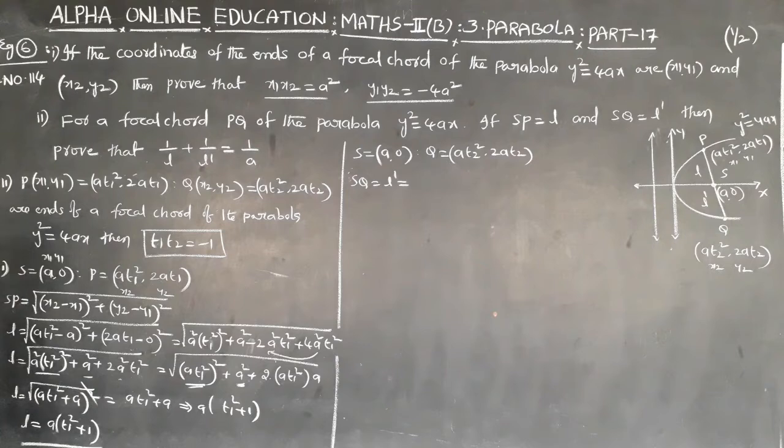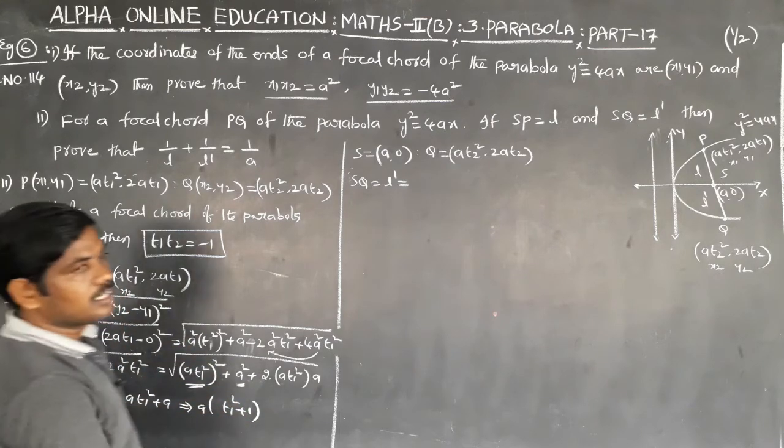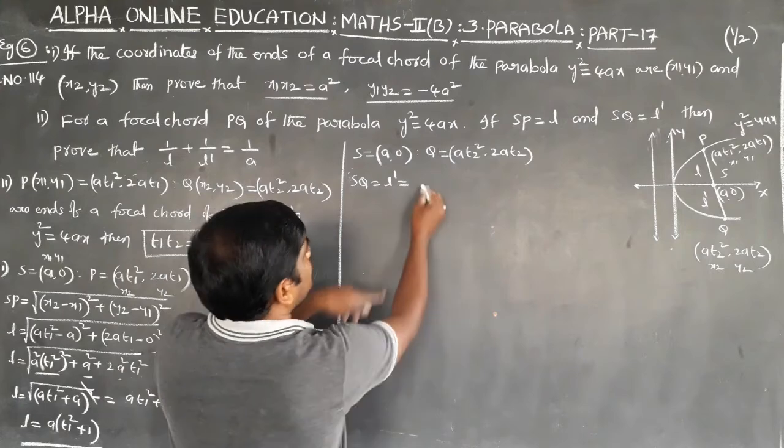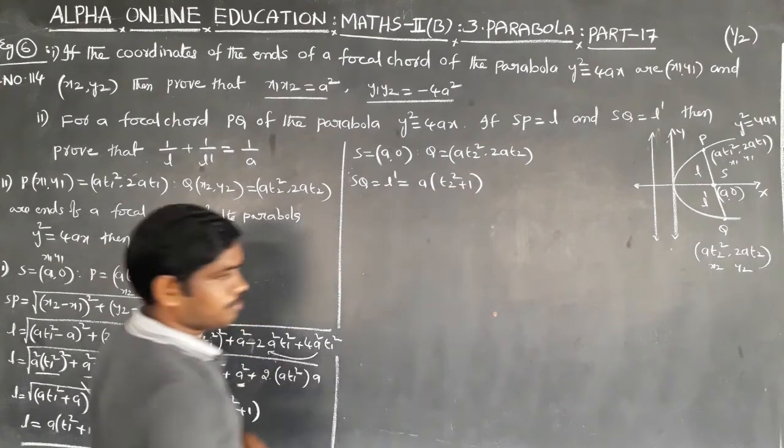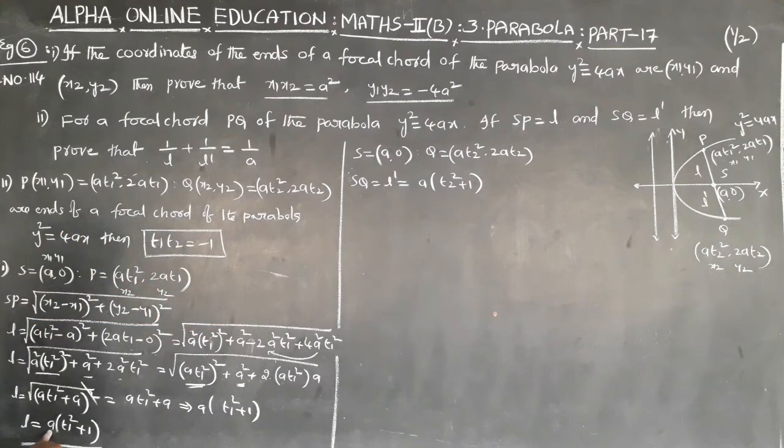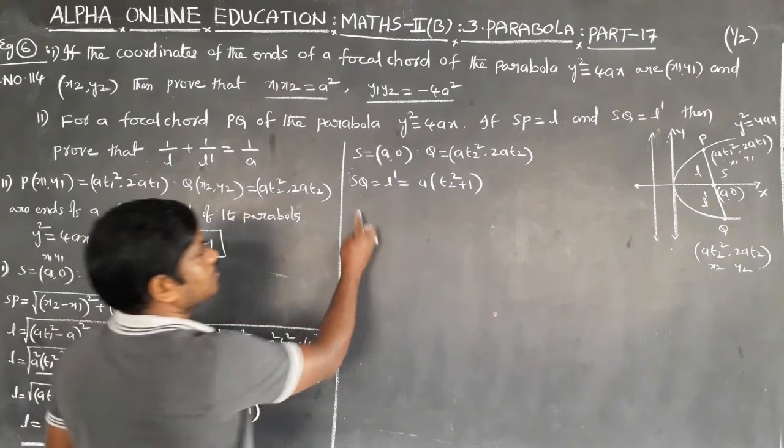Here S is (a, 0), P is (a t1 square, 2a t1). Then SP is equal to L, which is a into (t1 square plus 1). Similarly, SQ is equal to L dash, which is a into (t2 square plus 1).